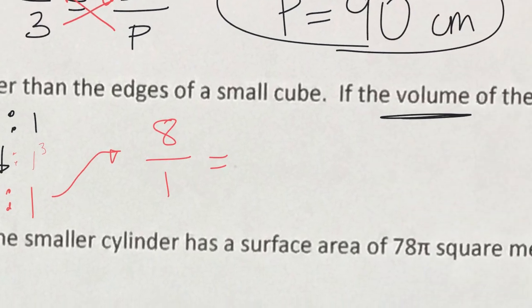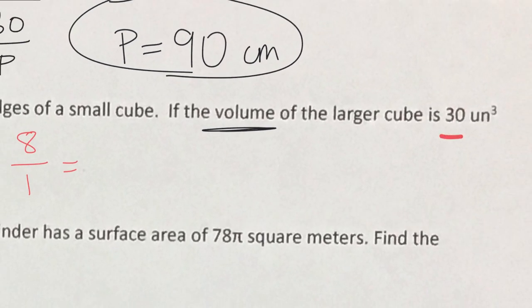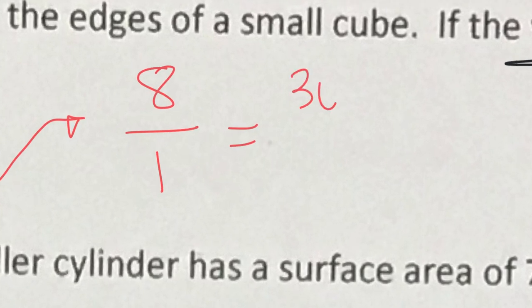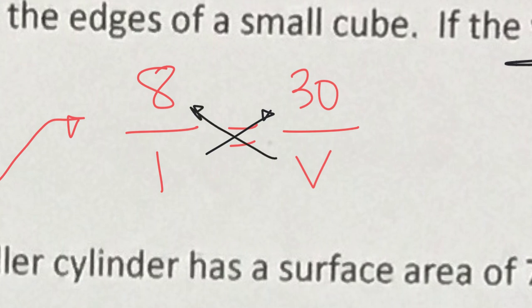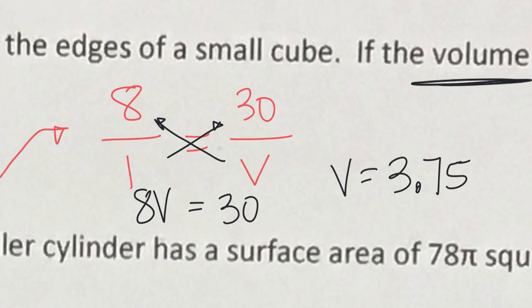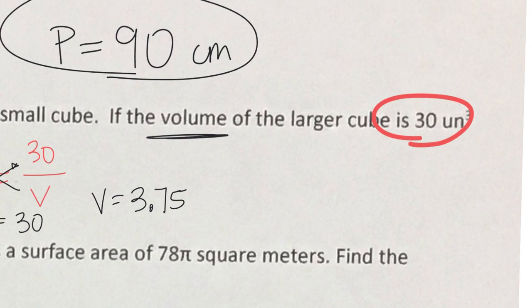But 8/1 equals, the volume of the larger is 30, so 30 over V, the volume of the smaller. So once again, we solve this by cross multiplying. So 8V equals 30. And when we divide 30 by 8, we get a volume of 3.75, and the units are just cubic units.